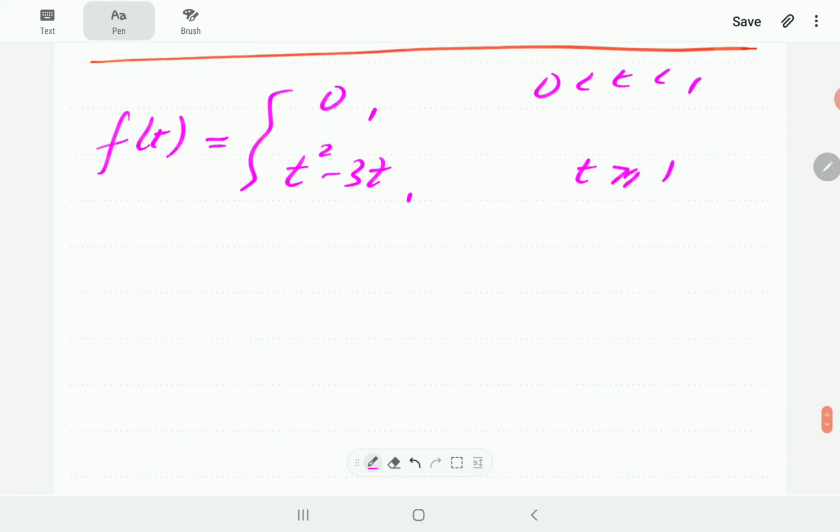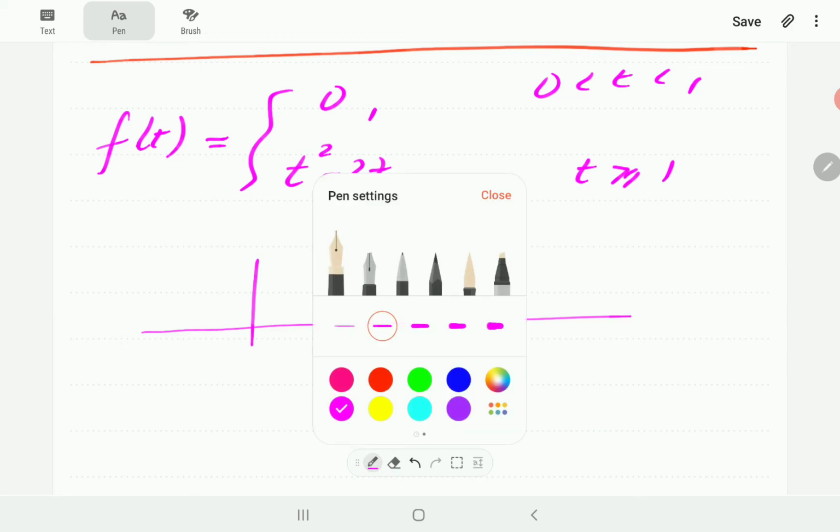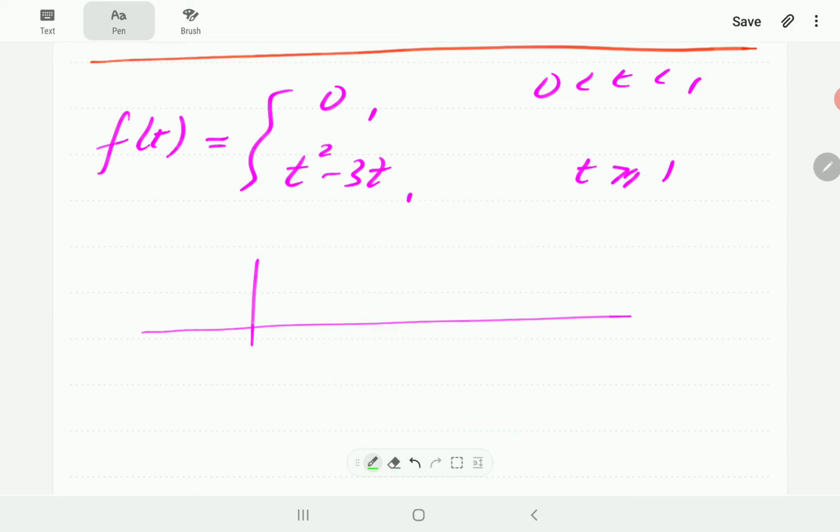So in terms of the Heaviside function, let me just make a quick sketch here. This function is 0 between 0 and 1. So that means it's going to look something like this. At 1, this thing is -2. It opens upwards, so maybe something like this.